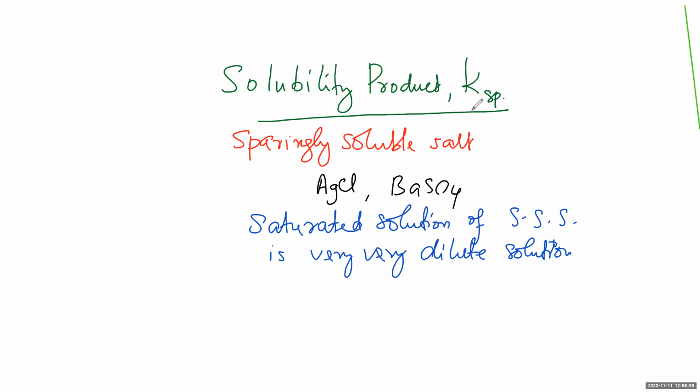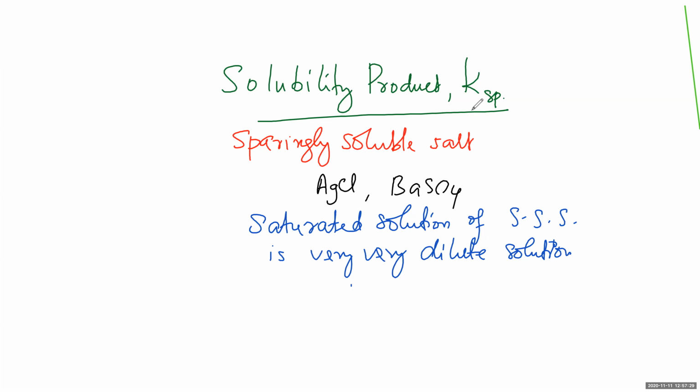Sparingly soluble means solubility is very low. It is insoluble and will be precipitated. Even then, a very minute amount will dissolve. The saturated solution of a sparingly soluble salt is an extremely dilute solution, and therefore the salt dissolved is completely ionized.